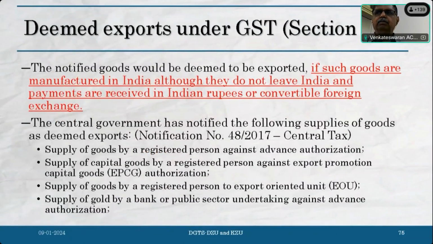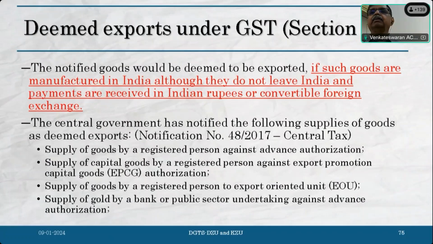Then deemed export. Please understand, only goods manufactured in India are eligible for deemed export. If there are imported goods imported by a dealer and supplied as deemed export, please note that is not possible. It is very clear: the goods must be manufactured in India, and the amount must be paid in convertible foreign exchange.